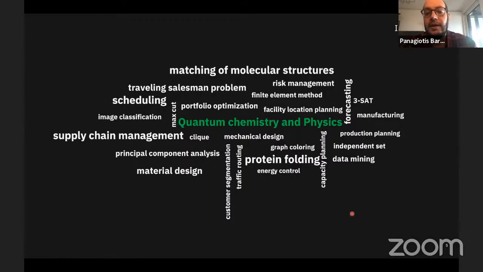Also, we have finance problems like portfolio optimization and supply chain management. This is a clear sign that people have started thinking about how to use quantum computers for multiple problems beyond the vision of Richard Feynman of simulating quantum mechanical systems.